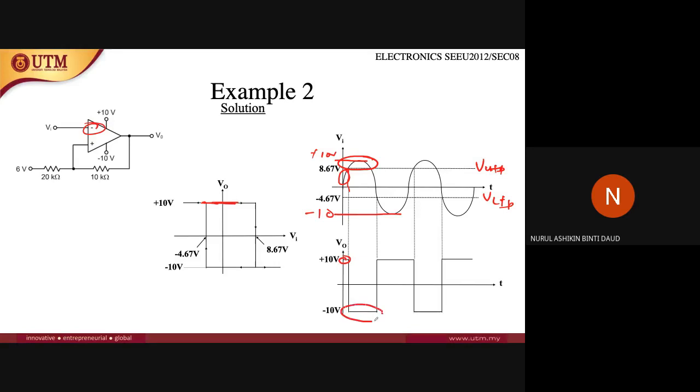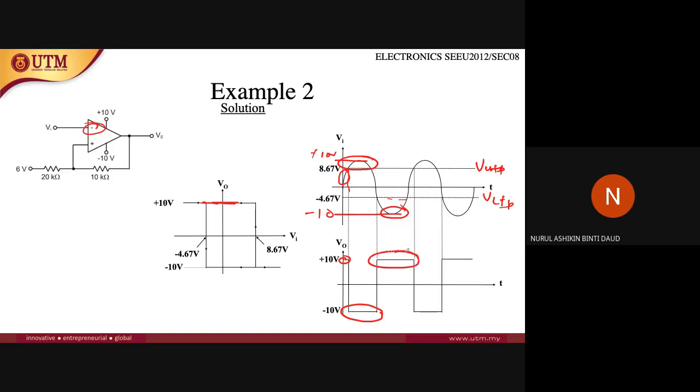so it will be minimum. So at this point too, it is bigger than this reference value. Sorry, it is lesser, because this is the negative part. This is the negative cycle, so it is lesser than the reference voltage, the lower trigger point value.